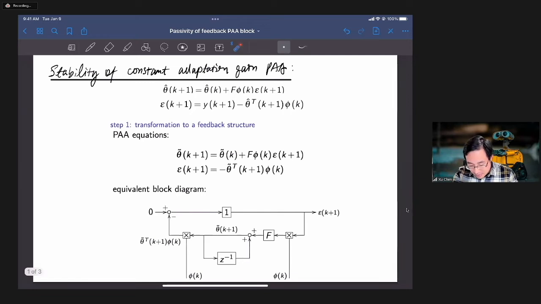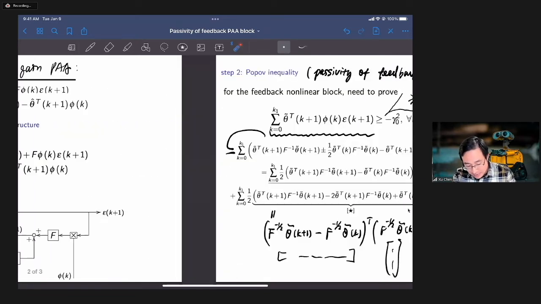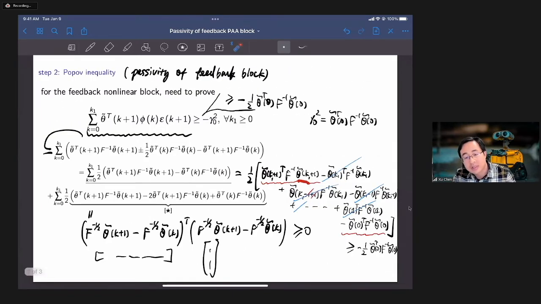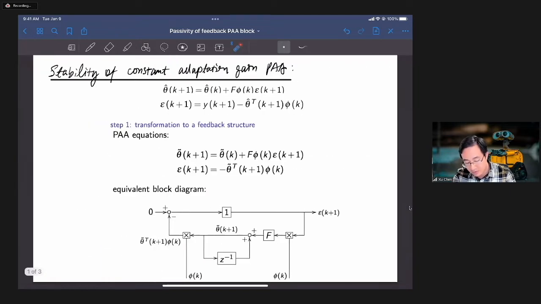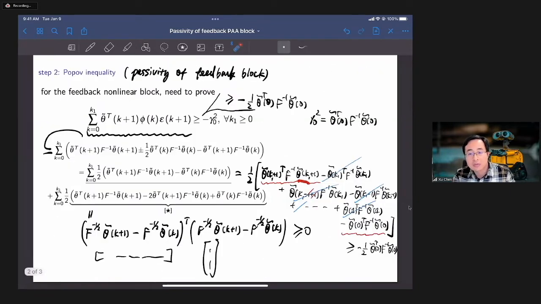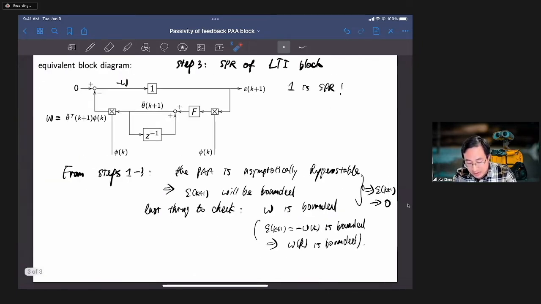So essentially three steps follow this recipe. First, transform it into a feedback connection, and then show passivity of the feedback block, as well as the strictly positive realness for the LTI block.